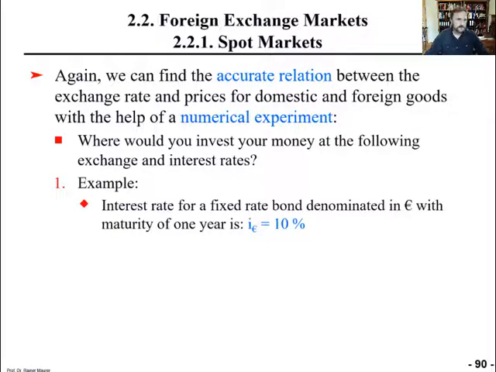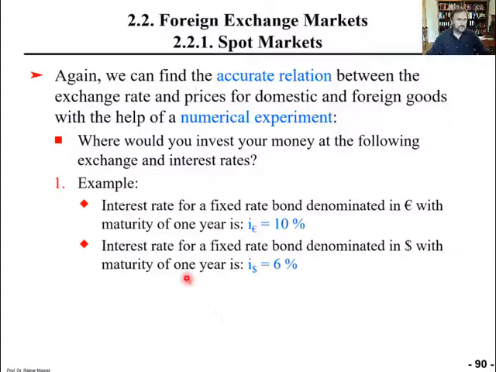The interest rate for a fixed rate bond denominated in euro with a maturity of 1 year is 10% per year. The interest rate of a fixed rate bond denominated in dollar with a maturity of 1 year is 6% per year.